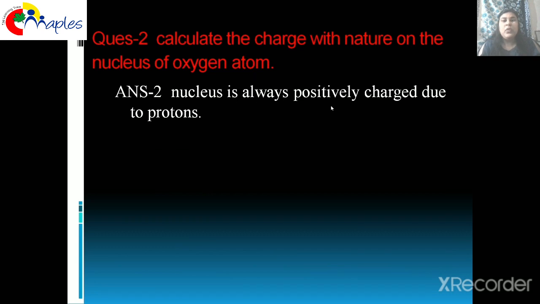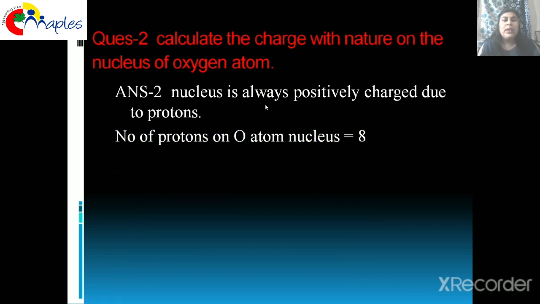The nucleus is always positively charged due to the presence of protons, because the nucleus has two particles, protons and neutrons. On a neutron there is zero charge, and on protons there is a positive charge. That is why the nucleus is always positively charged due to the protons.